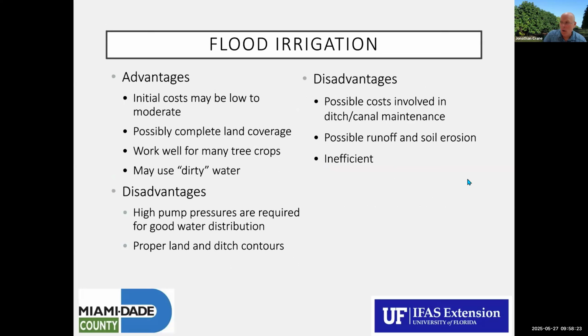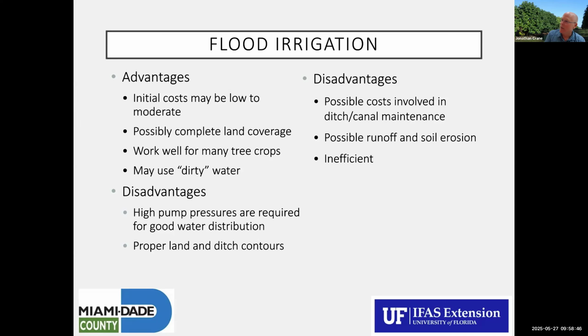initial costs can be low, depends, if you have to do a lot of contouring and bedding and putting in tiles, then that may be expensive. It does work well for some crops. You can use water that's not been filtered, so that might be an advantage. Some of the disadvantages: high pump pressures are required for good water distribution.